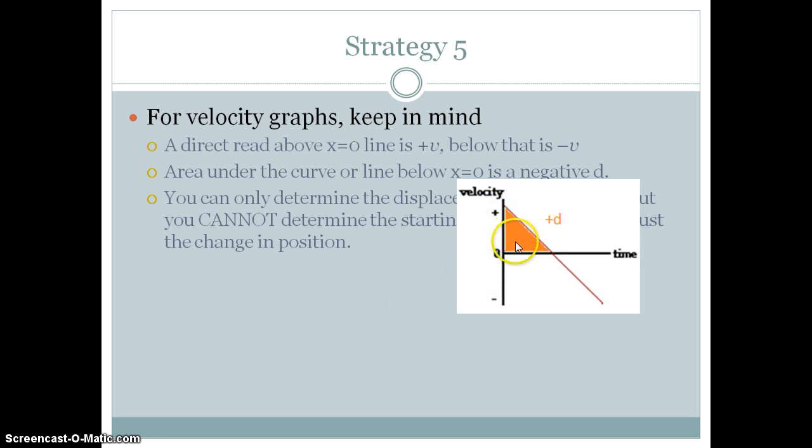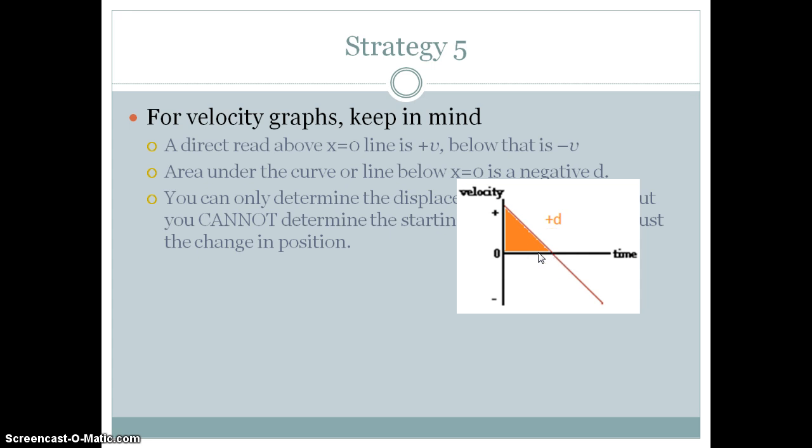This orange area is the displacement at this time, and it's positive. Now, you could have also found the displacement from 0 to, let's say, this time. It'd be this chunk of distance. So again, this is the displacement from 0 to this time period.